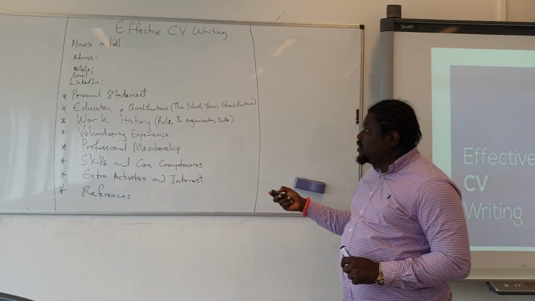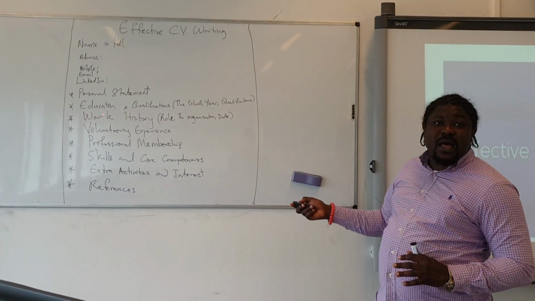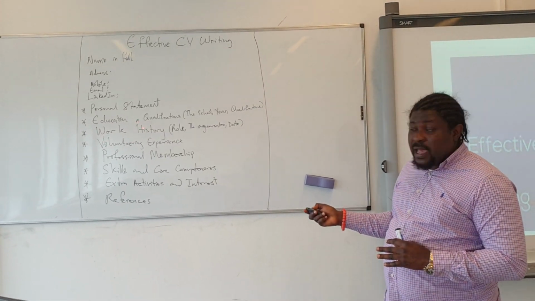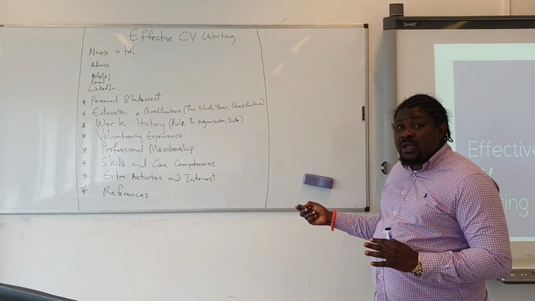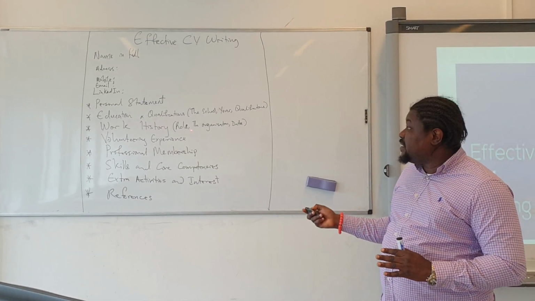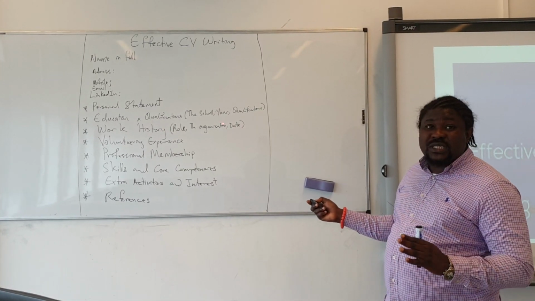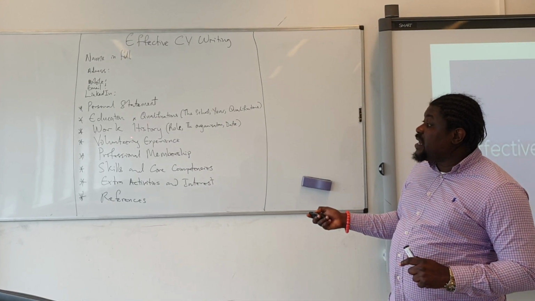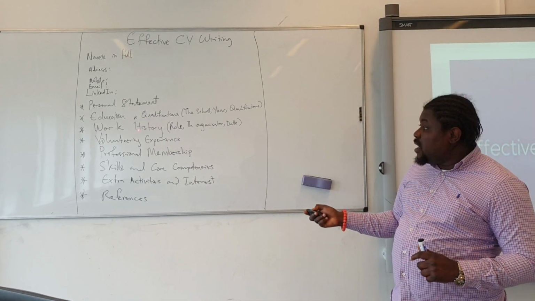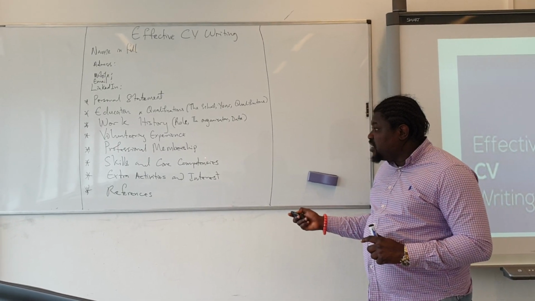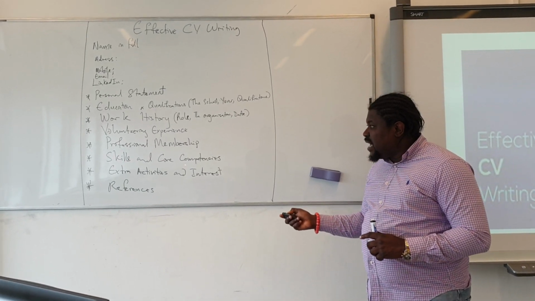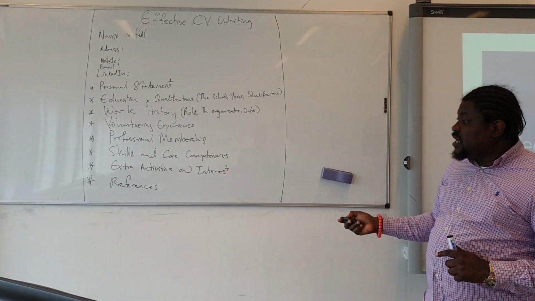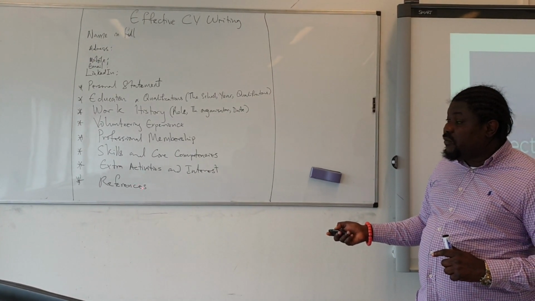Then you have the next sub-heading as work history, where you talk about the role you have held in every organization and the time that you worked in that organization. Then another sub-heading as voluntary experience, another as professional memberships, another as skills and core competencies, another as extra activities and interests, and the last one as references.